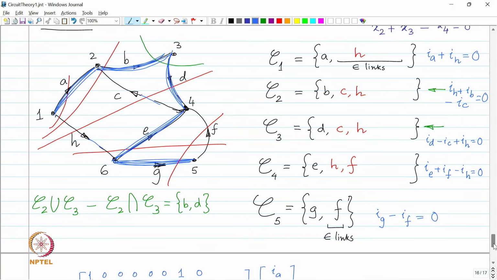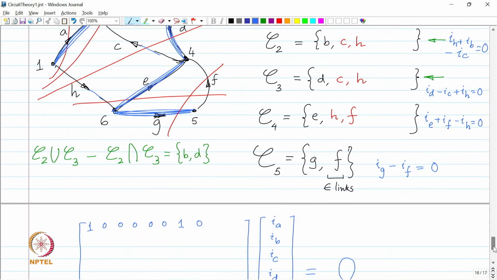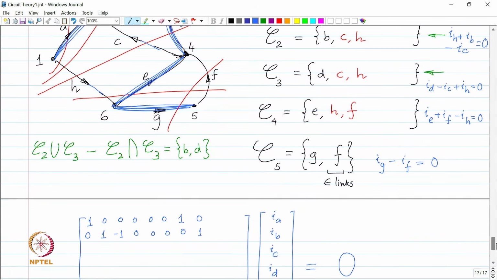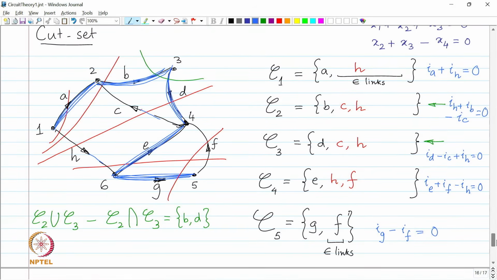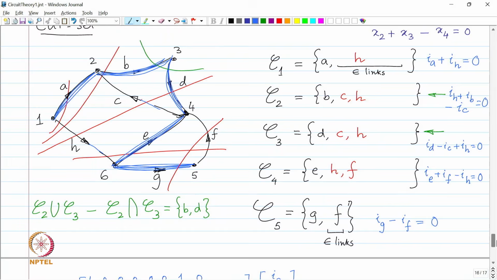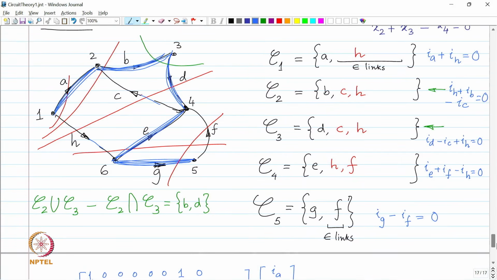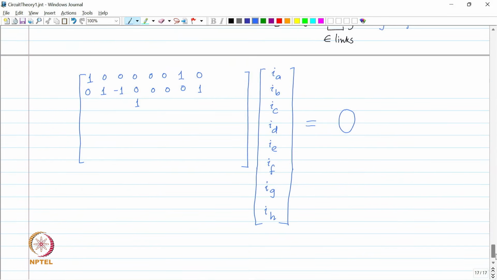Then cut set number 2, IB plus IH minus IC. Cut set number 3, I d minus I c plus I h.